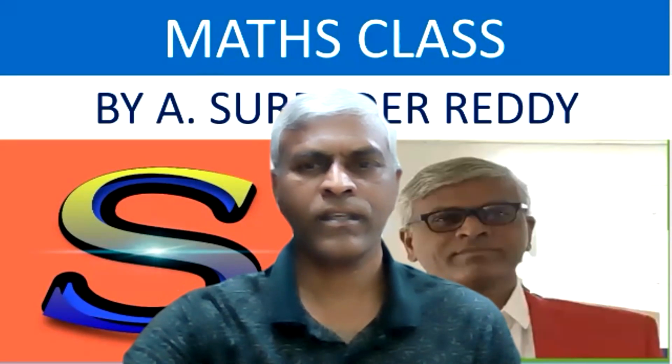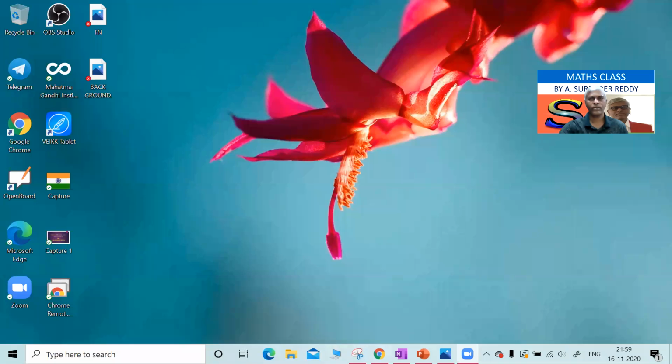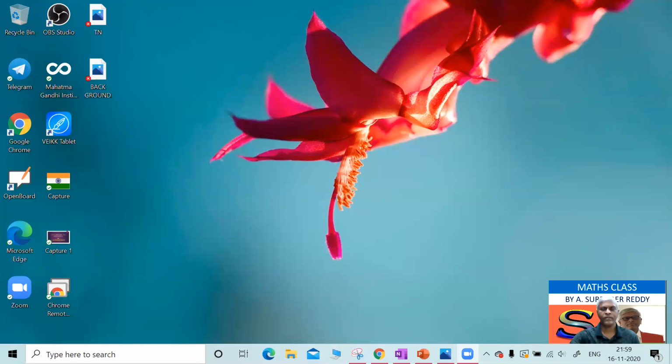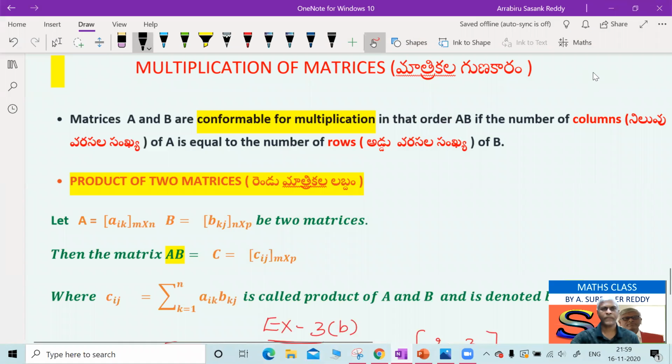So in the last class, we have been discussing the multiplication of matrices and the condition for multiplication of matrices.